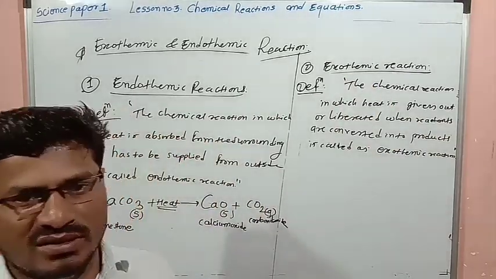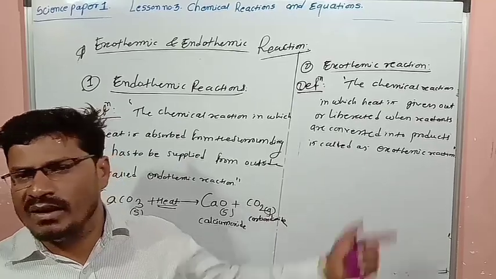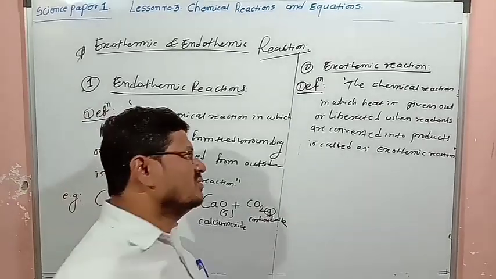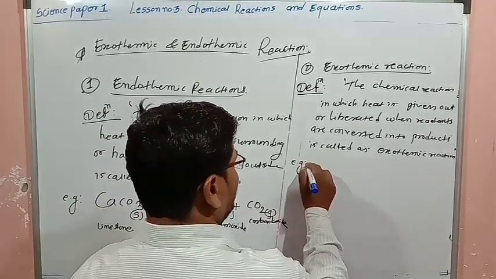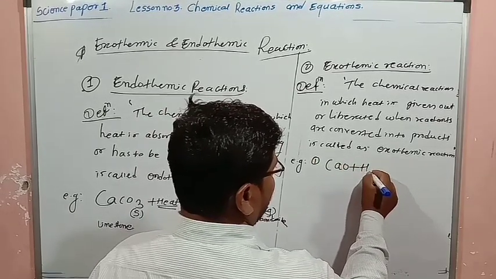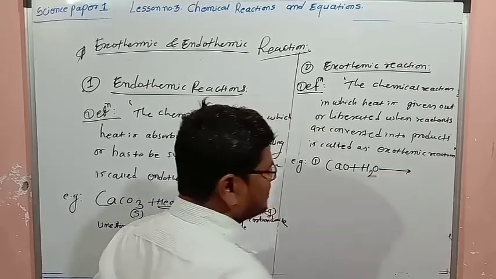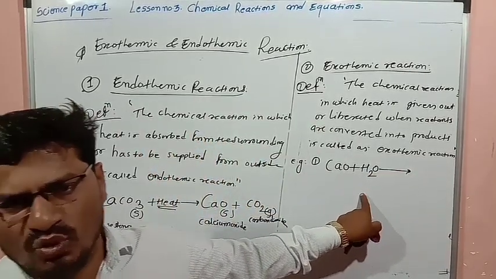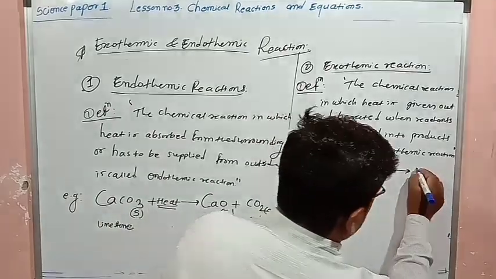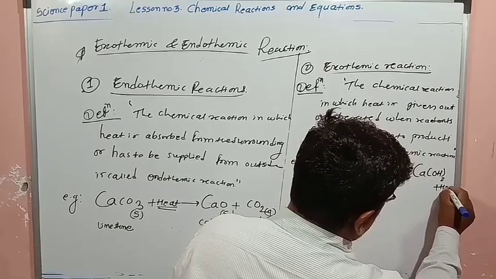Example we are going to learn. You can take one example, and we have already studied this reaction. You take CaO plus H2O, calcium oxide plus water, and it will give calcium hydroxide, Ca(OH)2, plus heat is given out.